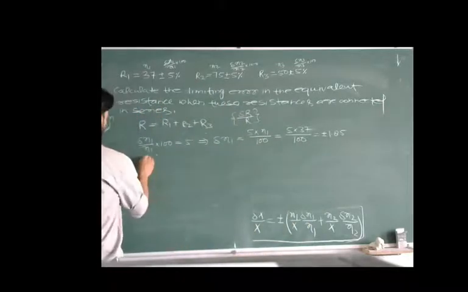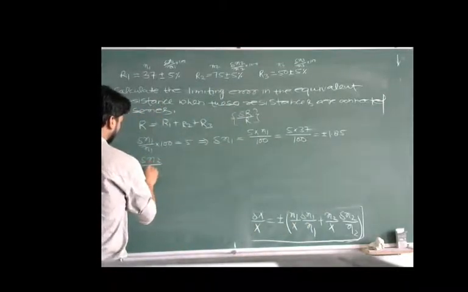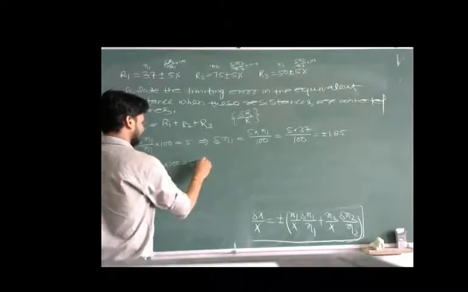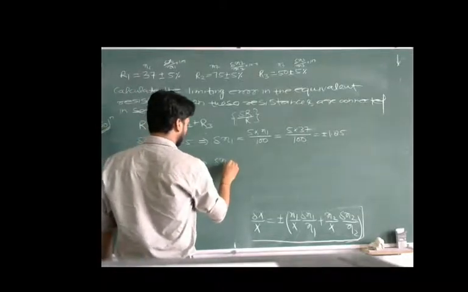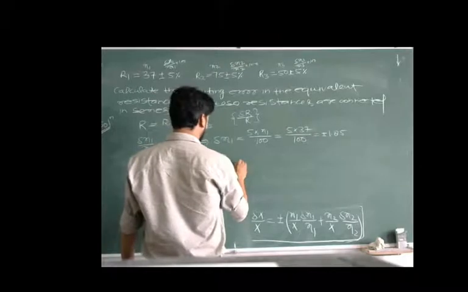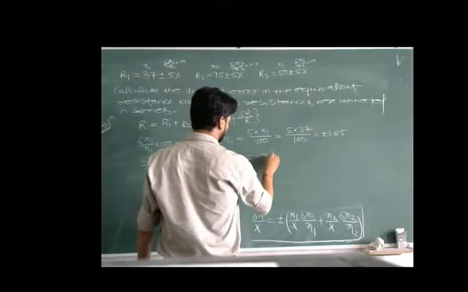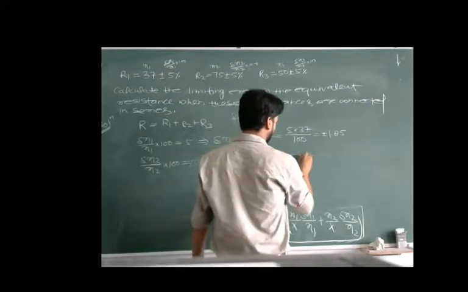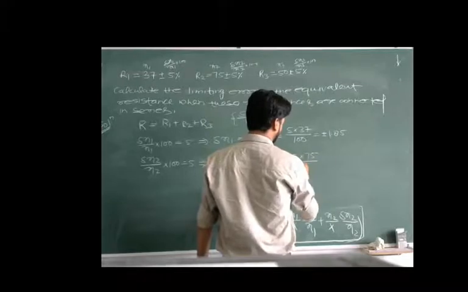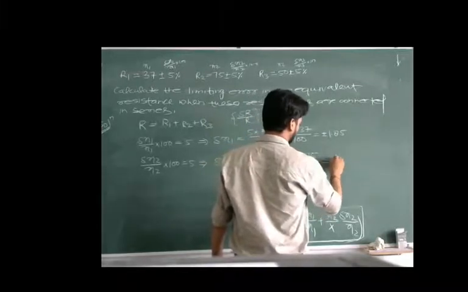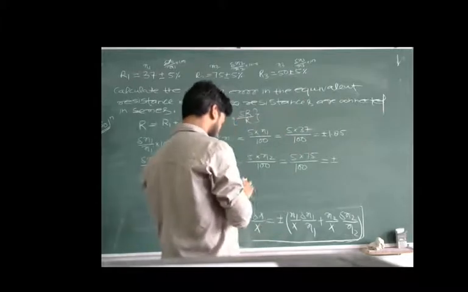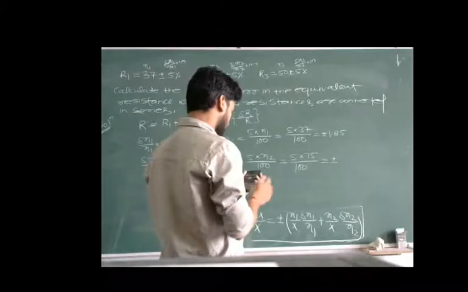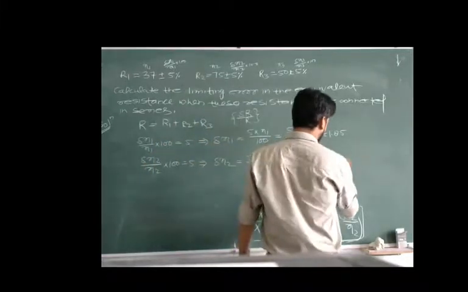Similarly, del x2 upon x2 into 100 is given as 5%. So del x2 is equal to 5 into x2 upon 100, which is 5 into 75 upon 100, equal to plus minus 3.75.